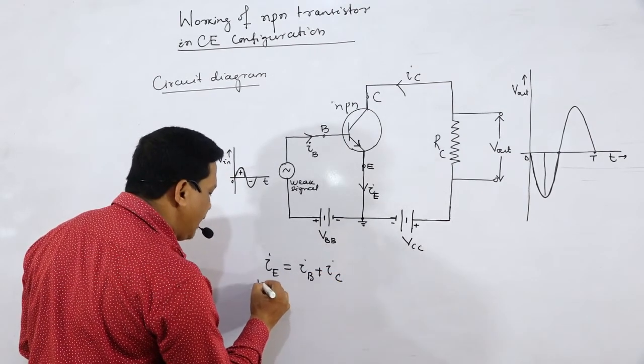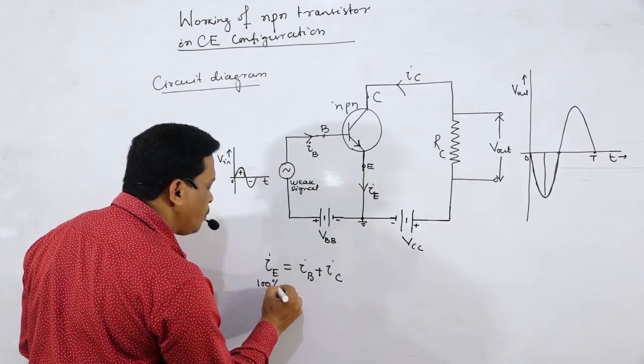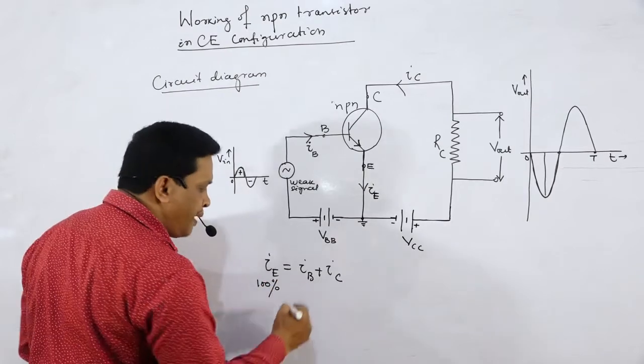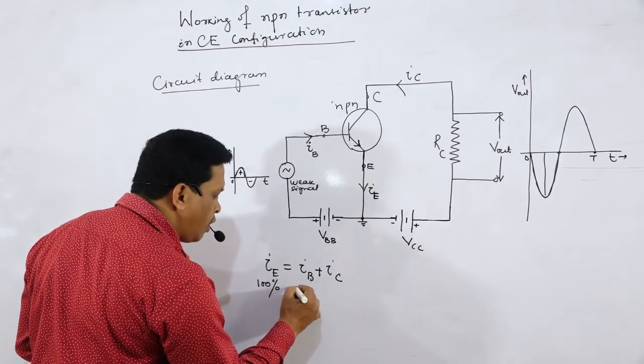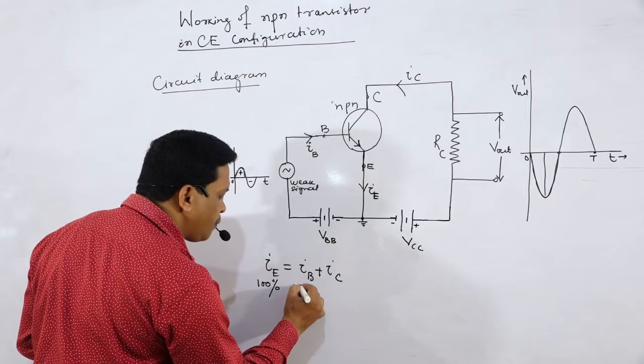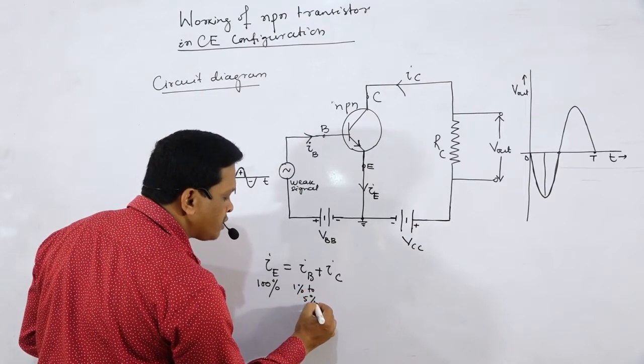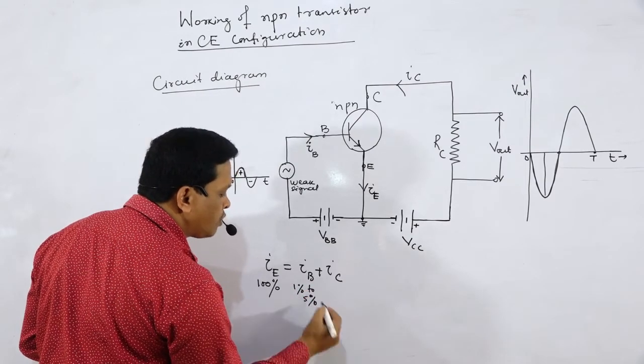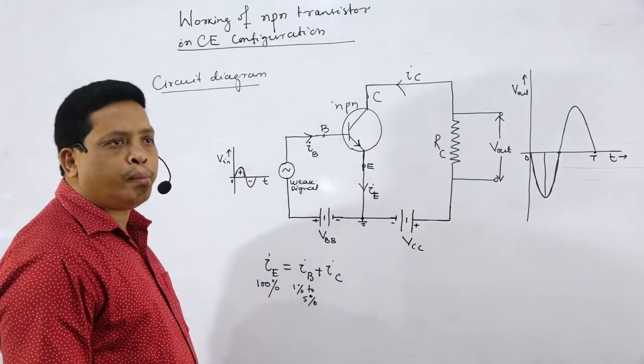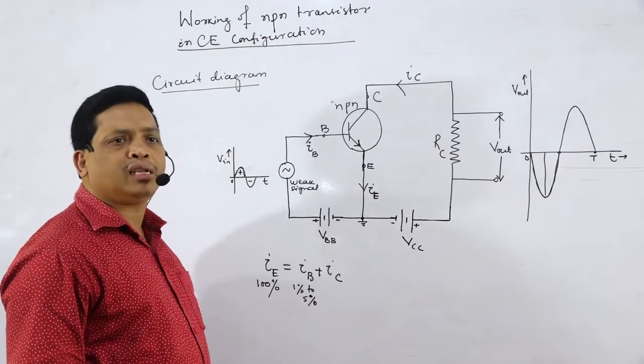Now if we take emitter current to be 100%, base current is very small, ranging from 1% to 5%, because a few number of electrons recombine with the holes in the base region.